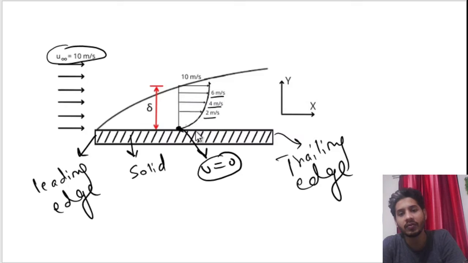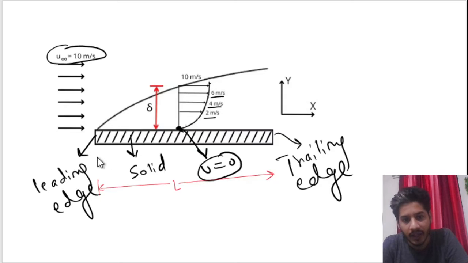For example, let us suppose the entire length of this plate is L, and we start at x distance from this side. At this point, x is equal to 0, and at this point, x is equal to L.